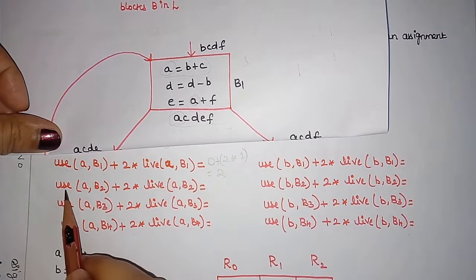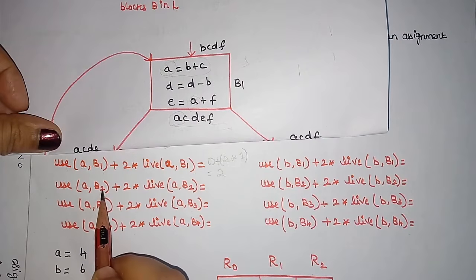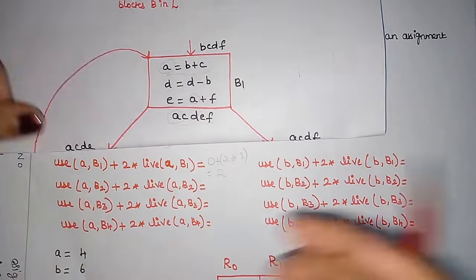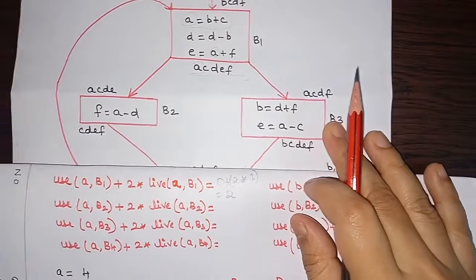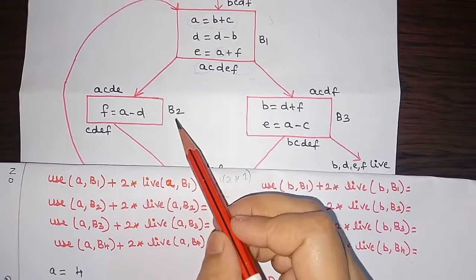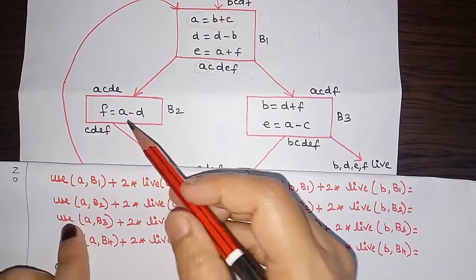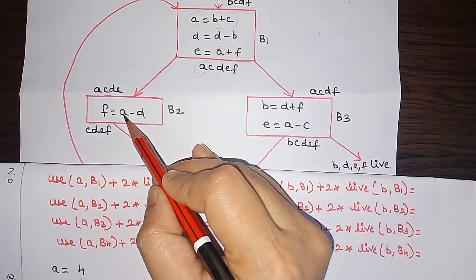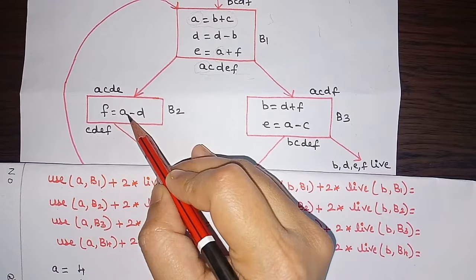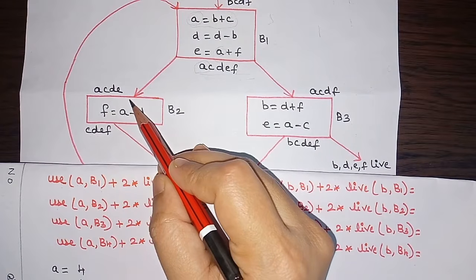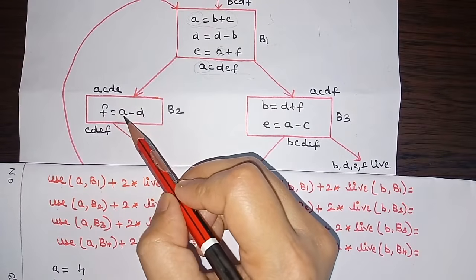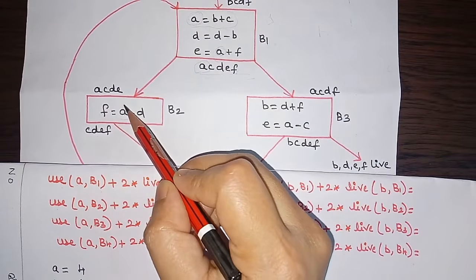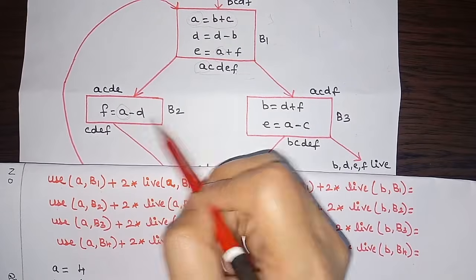And in the same way, now we have to check for a in block 2. So use of a in block 2. When you take block 2, we have to first verify where a is used, and also we have to check whether it is preceded by any assignment statement. It is not preceded by any assignment statement, and it is used only once in this block b2.